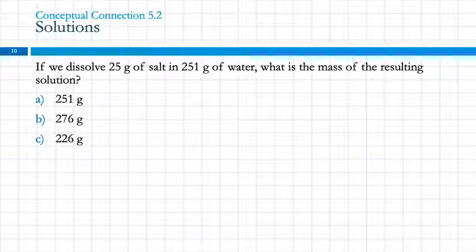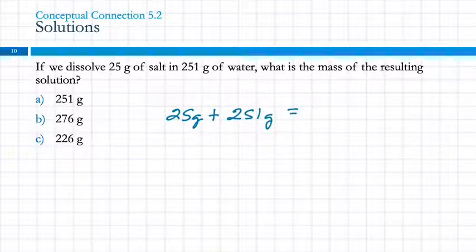I just add them, right? 25 grams plus 251 grams. So 276 grams? So that's B. Does that tell me anything about the concentration? Well, I could figure out the molarity possibly from this, but it's not what it's asking about.